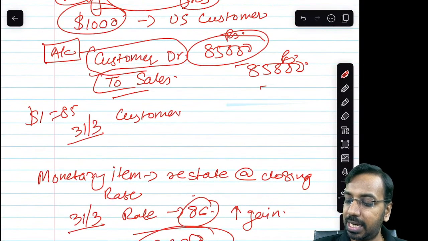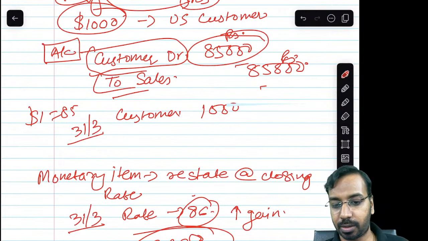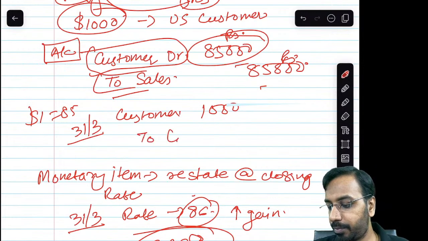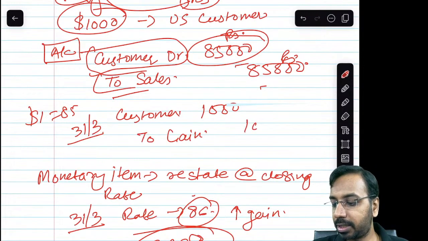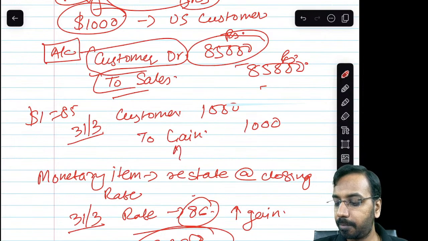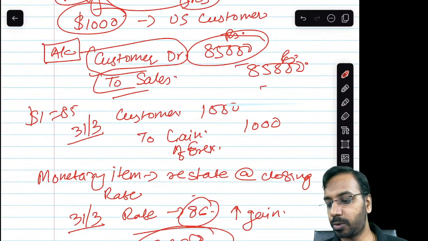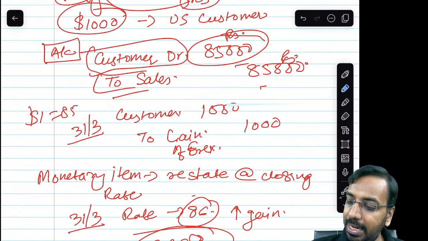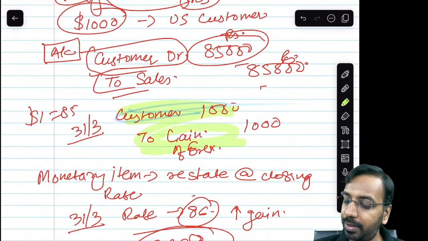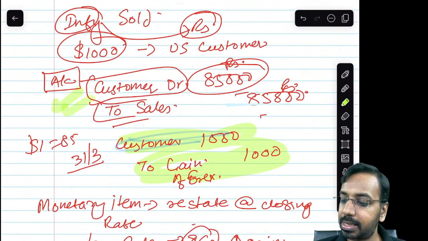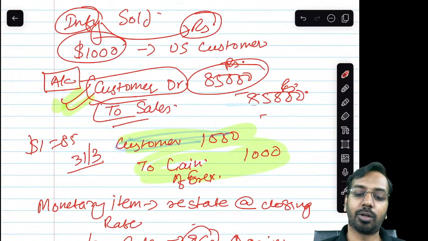So 86 minus 85, 1,000, you increase the value of customer. To gain on foreign exchange, 1,000. Exchange gain, we call it 1,000. So at the end of every accounting period, you will remeasure all foreign currency monetary items at the closing rate.